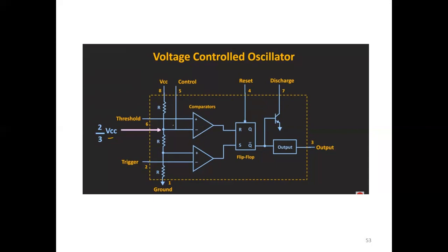By this condition, we have three cases. When S is equal to 0 and R is equal to 0, the output has no change. When S is equal to 1 and R is equal to 0, it is set, which means the output will be 1.